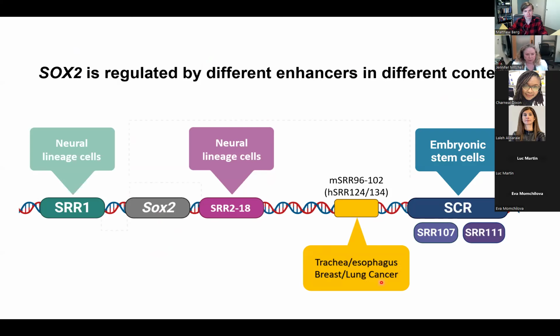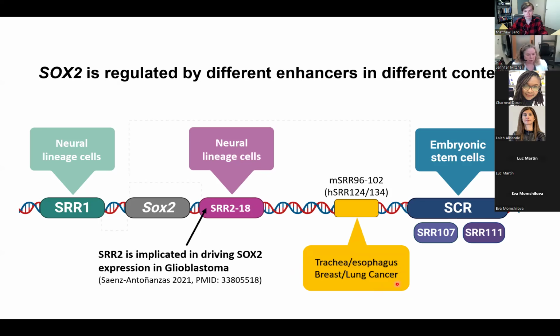And then close to that, we found this trachea esophagus developmental enhancer that gets co-opted and reactivated in breast and lung cancer. In the field, this has widely been termed enhancer hijacking. Another group also identified that SR2 within this cluster of neural lineage enhancers is implicated in driving SOX2 expression in glioblastoma.